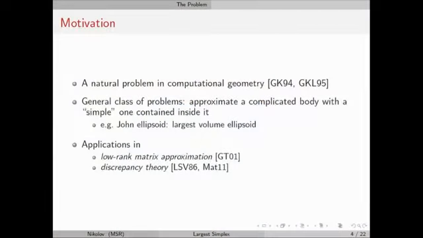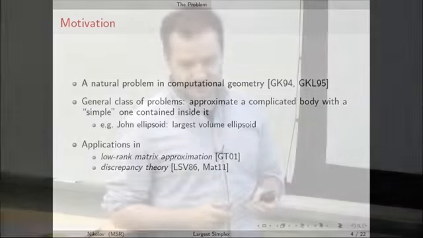Good. So I'm claiming it's a natural problem in computational geometry. It definitely has been studied for some time. You can see it as one example from a general class of problems: approximating some complicated object, say a convex body, with a simpler one contained inside of it.